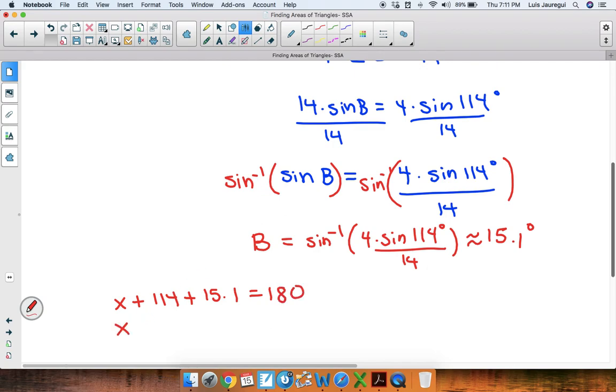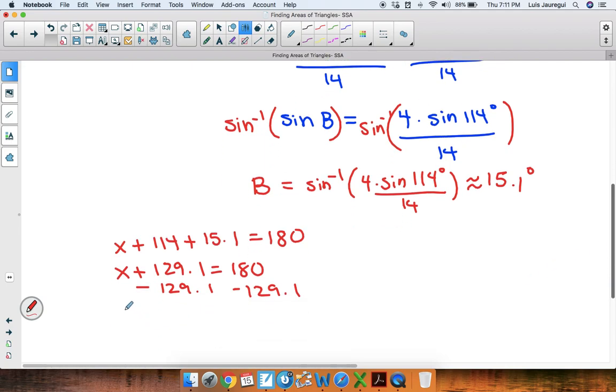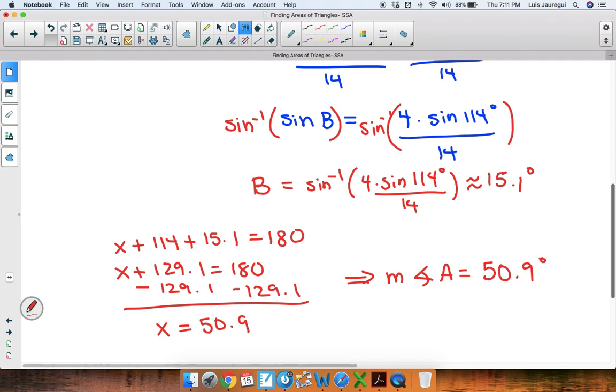So this gives us x plus 129.1 is equal to 180, and let's go ahead and subtract 129.1 from both sides. So we can get that x is equal to approximately 50.9, in this case, degrees. So this implies that the measure for angle A is equal to 50.9 degrees, or just about.